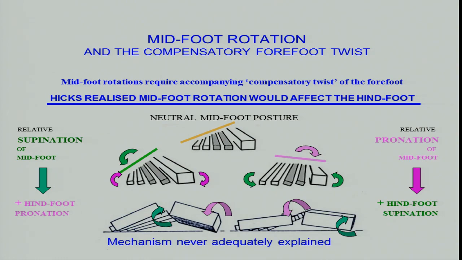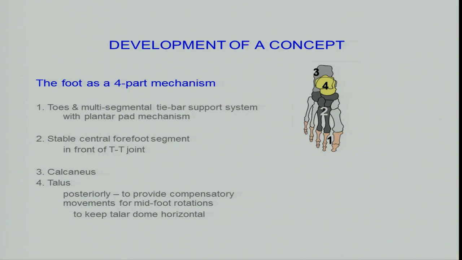But no one managed to explain the mechanism of how this occurred. So we've managed to explain the compensatory rotation in the forefoot to support the idea that we have a longitudinal four-part structured foot.